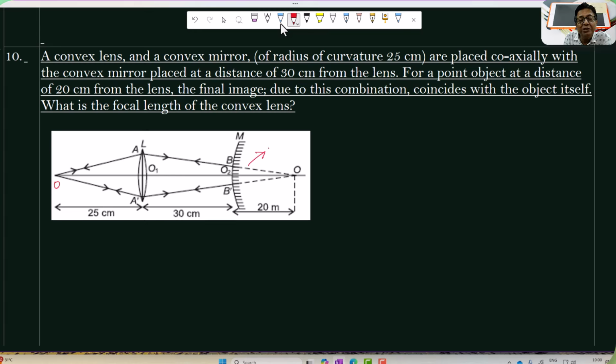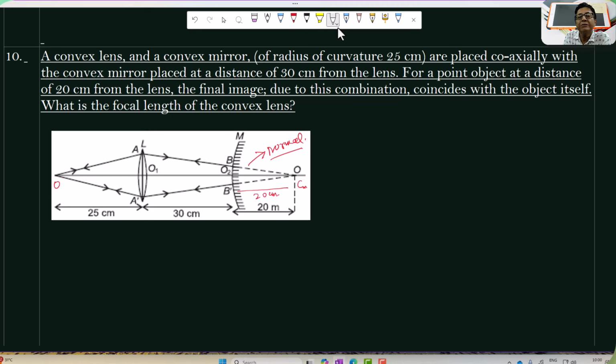This is going to be the normal. Okay? If this is normal, this has to be the center of curvature for the mirror. That's why the distance is 20 centimeters. Okay, everything is given.